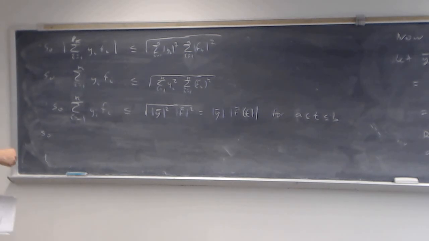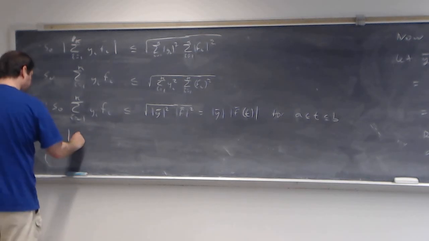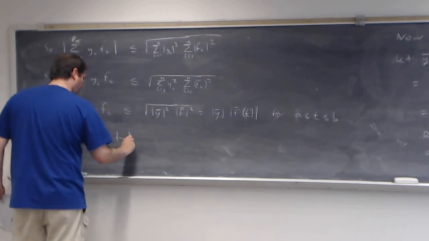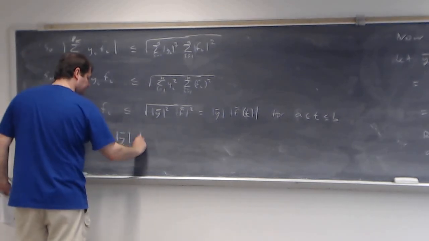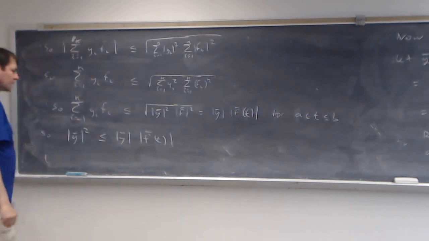So what we have then is that the norm of y bar squared is less than or equal to the norm of y bar times the norm of f bar of t. And so we can break this into cases.